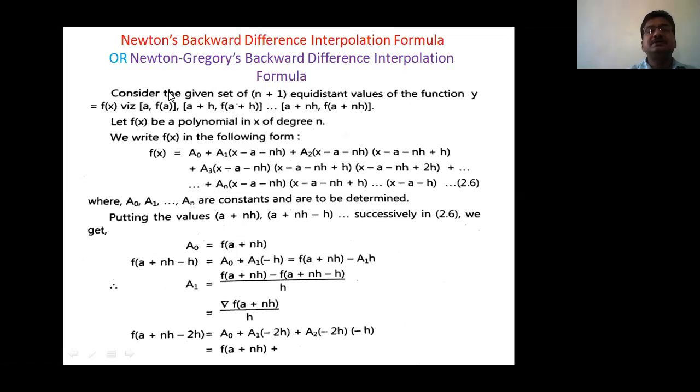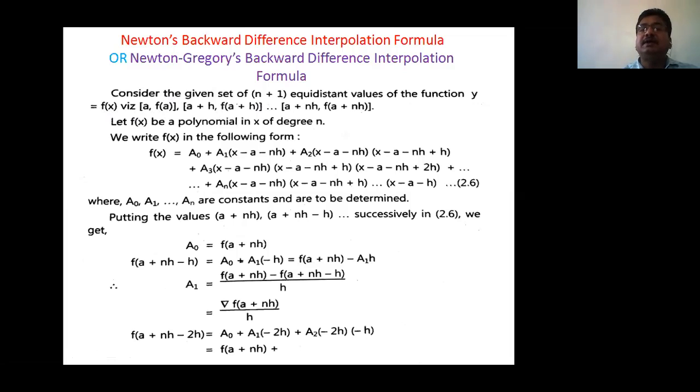So consider the set of n plus 1 equidistant values of y equal to f(x), namely f of a, f of a plus h, up to f of a plus nh. This is similar to the previous proof, the proof of Newton's forward interpolation formula.